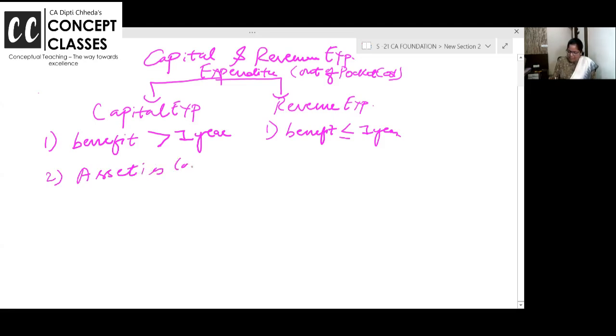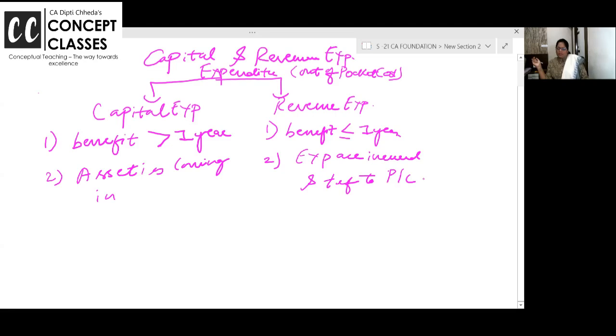Asset is coming in. Acquired. You know, some asset is acquired generally when you do capital expenditure. Expenses are incurred. Revenue expense means expenses are incurred and transferred to P&L account.